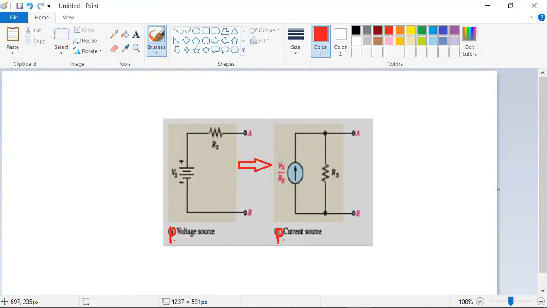For the conversion, let me label the terminals: this is C, this is D for the time being.